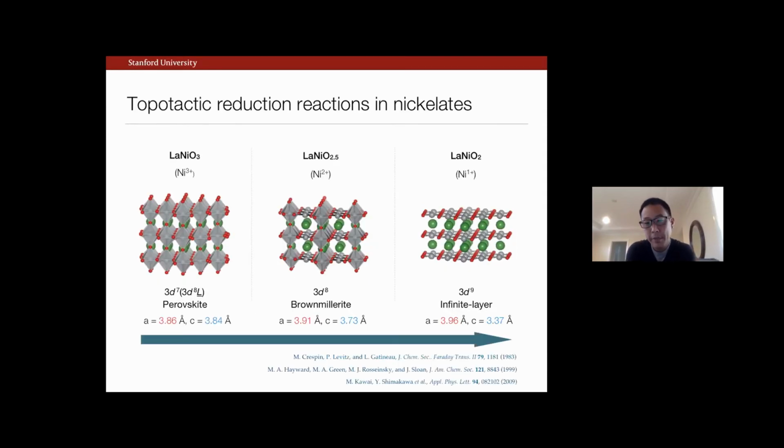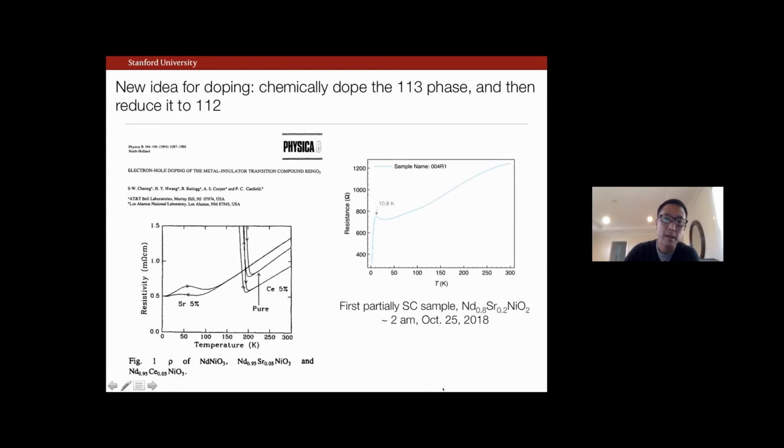Okay, so the first statement is, in the interest of time, we struggled for about 3.5 years. Given these prior works, we could grow the undoped compound, but we had a hard time doping it. And I'll just go to what worked.